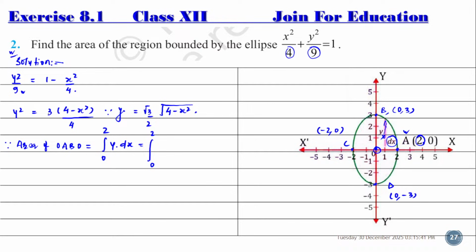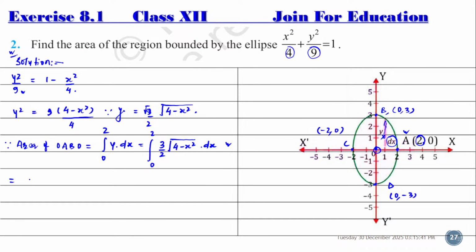Here will be 9, and the square root of 9 will be 3, so we write here 3 by 2 into root of 4 minus x square into dx. There is no problem to understand up to this step.